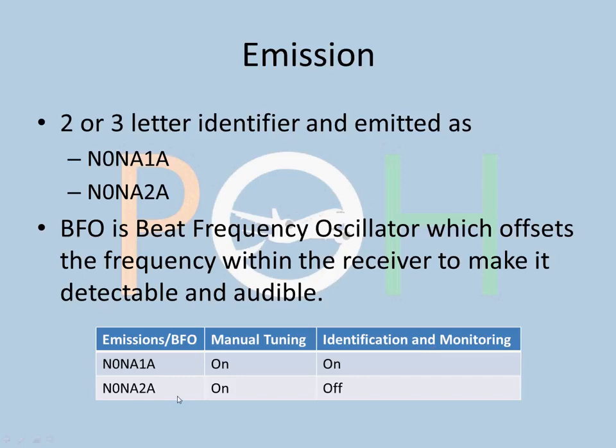But Alpha 2 Alpha is the emission of an amplitude modulated signal, which can be heard on a normal receiver. So hence, for identification and monitoring, the BFO is not required. It's off.